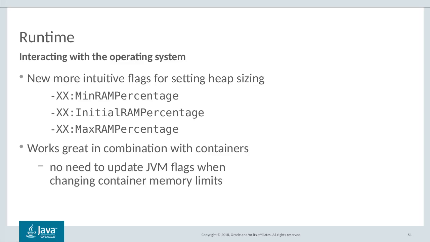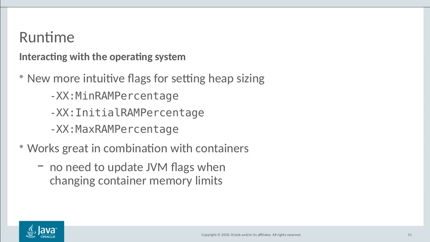Furthermore, in JDK 10, we have also set up a bunch of new flags, which provide a more intuitive way to set the heap size. In JDK 10, you find the flags MinRAMPercentage, InitialRAMPercentage, and MaxRAMPercentage. And all these flags allow you to set parts of the heap size to a percentage of the available RAM.